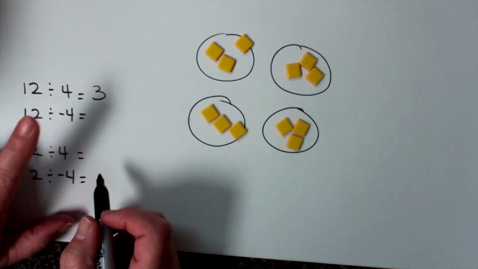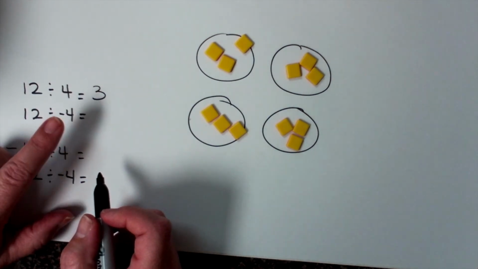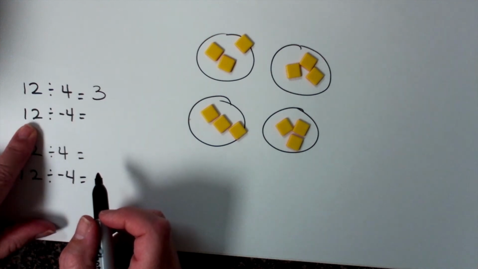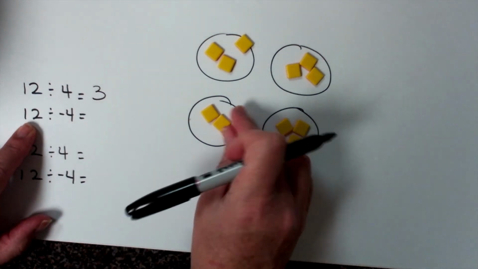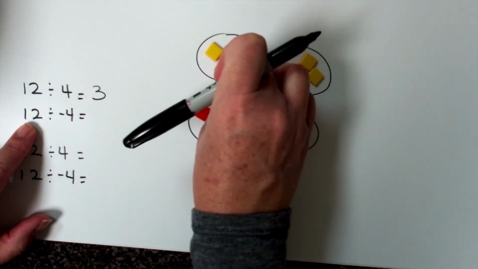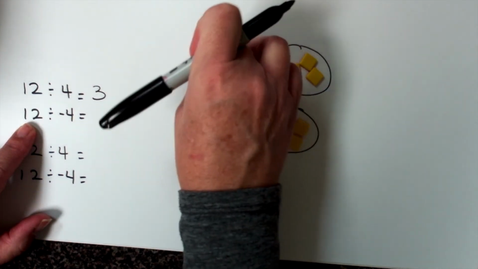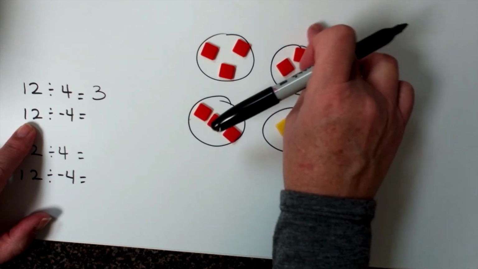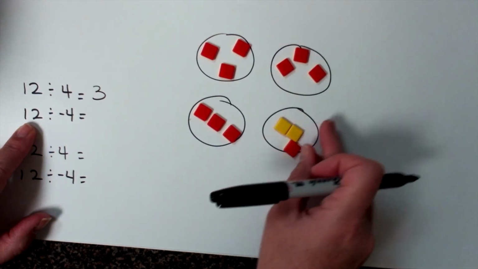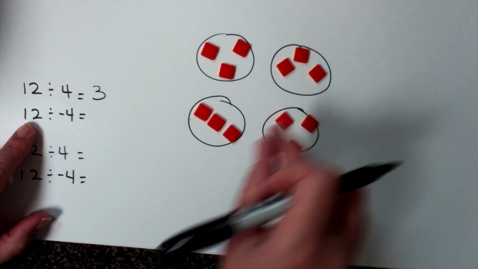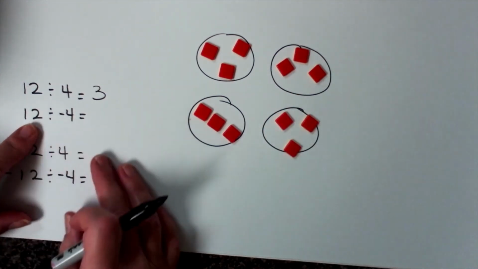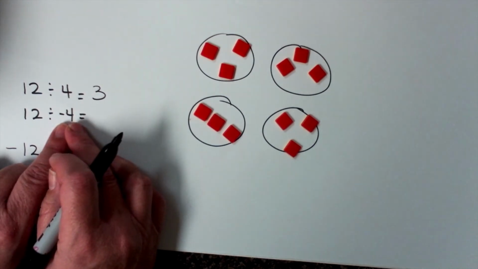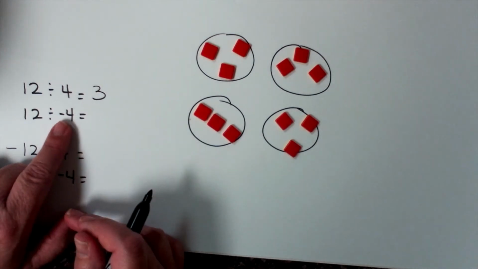Now, I can't have a negative group again, so it's going to be the opposite of that 12. So the opposite of that 12 when they're divided into groups is what? Or you could say you're going to remove the groups of the positives. But in this case, I usually just say we're going to do the opposite of. We do the division and then we do the opposite of.